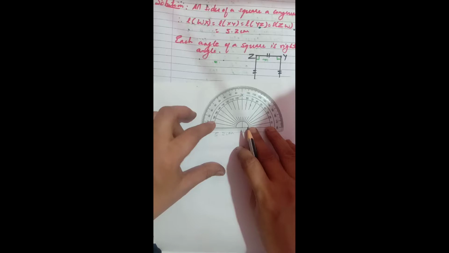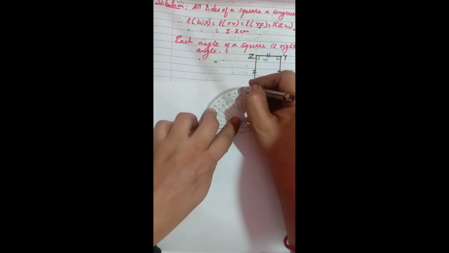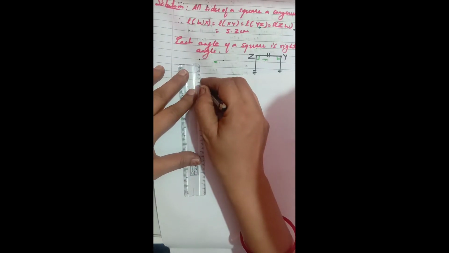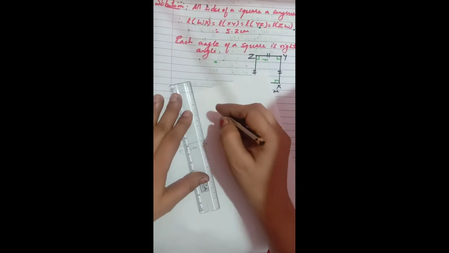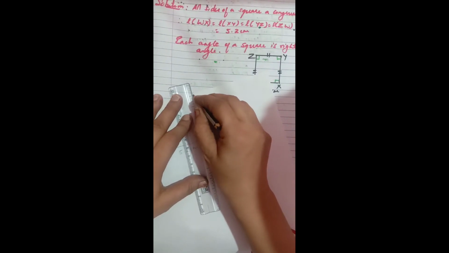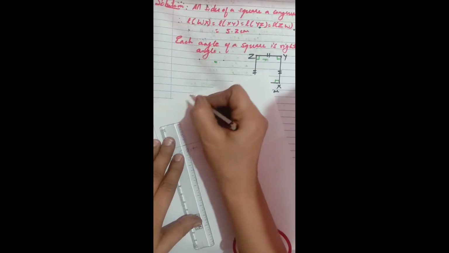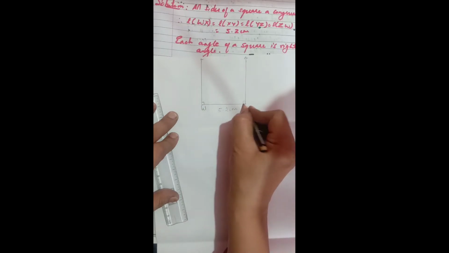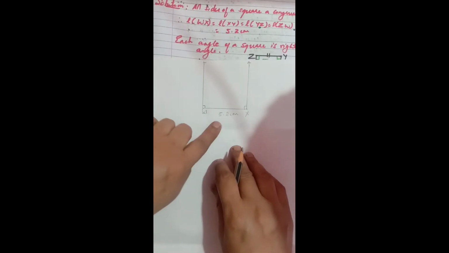Shift it to the vertex X and mark again 90 degree. Take your scale, draw the angle. Mark the right angle.